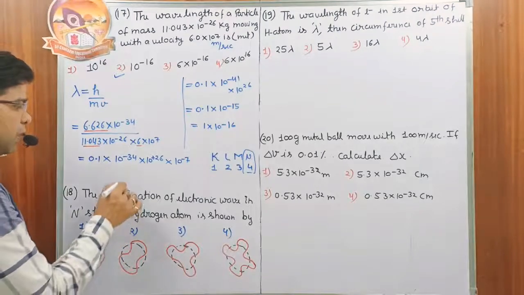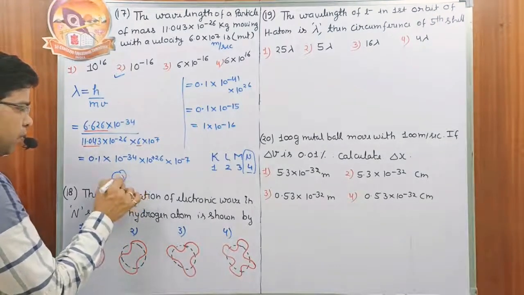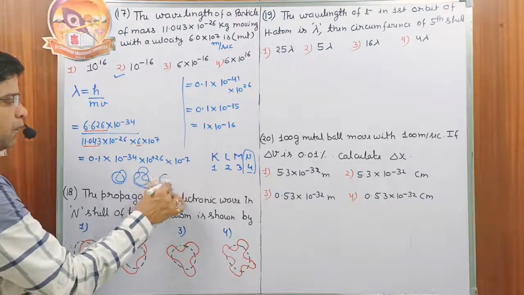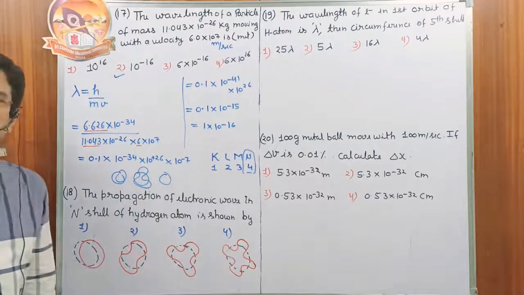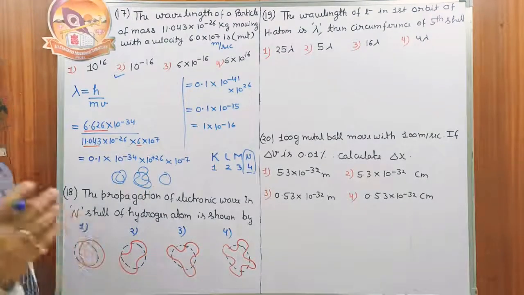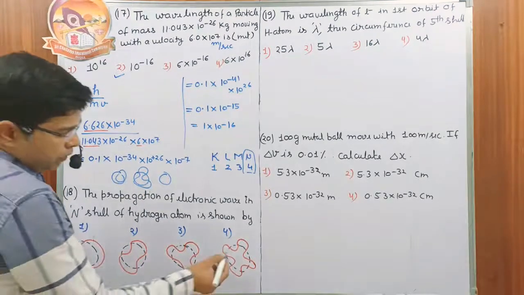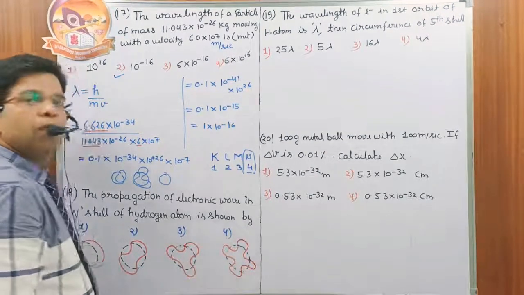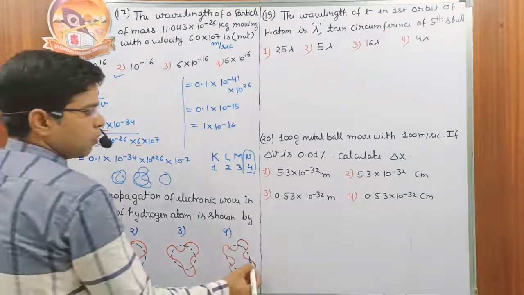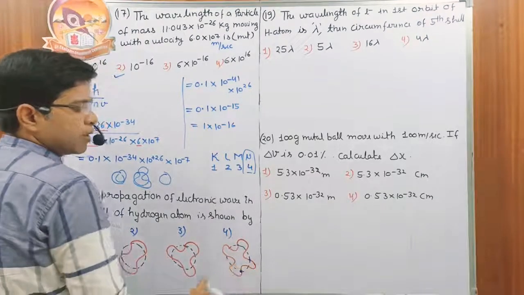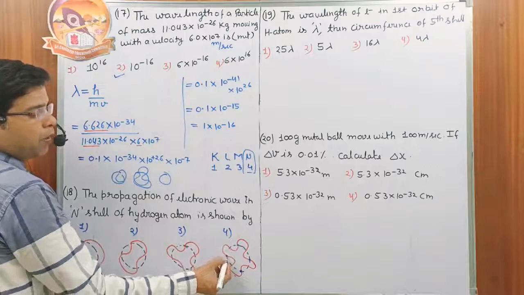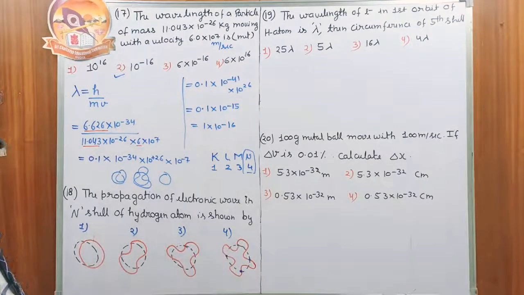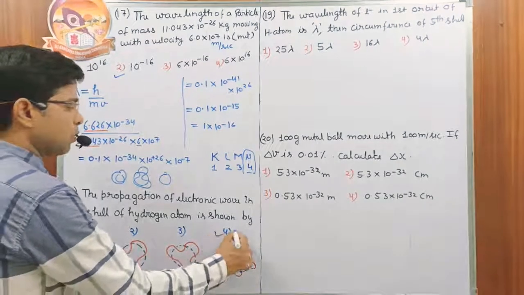In the first shell we have only one wave, in the second shell two waves, in the third shell three waves, but in the fourth shell we always have four waves. Look, from this point to this point 1 lambda, from this point to this point second lambda, from this point to here third lambda, and finally it becomes 4 lambda. So the correct answer of question number 18 is option number 4.